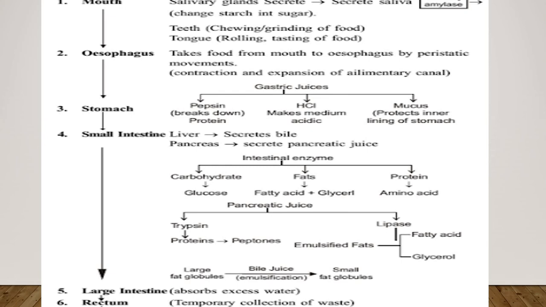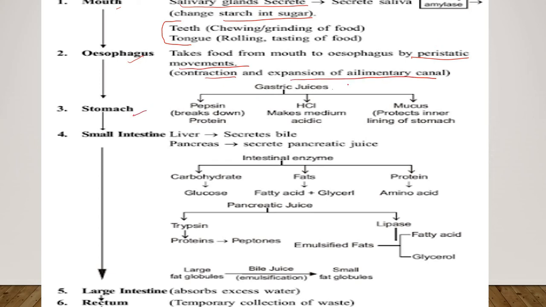Now we are just summing up the enzymes. In the mouth, salivary amylase converts starch into sugar. These are the chewing activities and the rolling and tasting activities of your tongue. In the esophagus, there is peristaltic movement of the food by contraction and expansion of the alimentary canal.